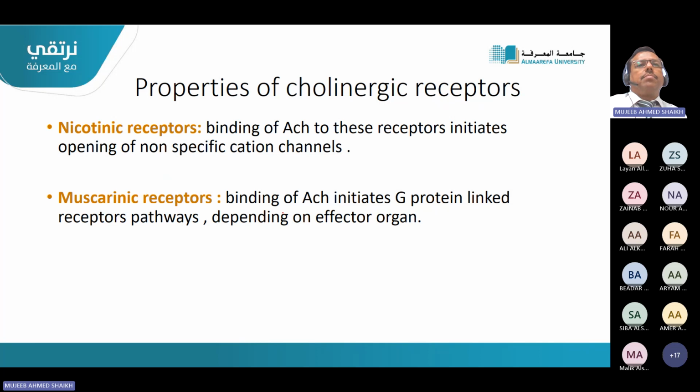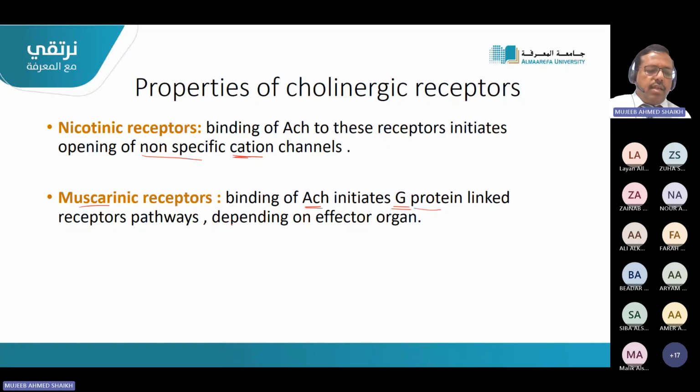Properties of cholinergic receptor. What are the properties? For the nicotinic receptor, binding of acetylcholine will initiate the opening of non-specific cation channels. Whereas for the muscarinic receptor, binding of acetylcholine will initiate the G protein linked receptor pathway.